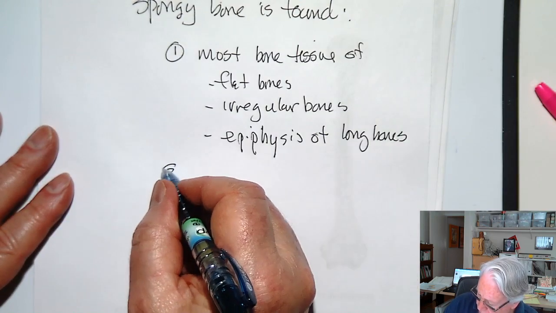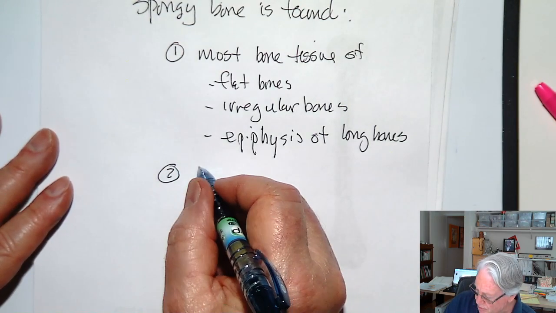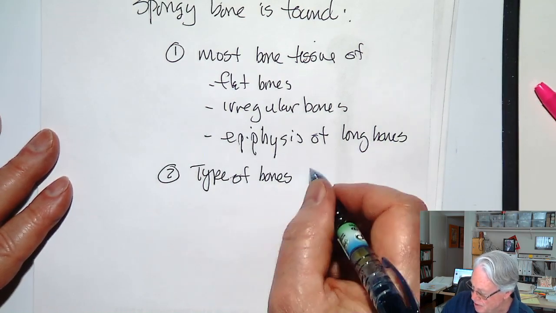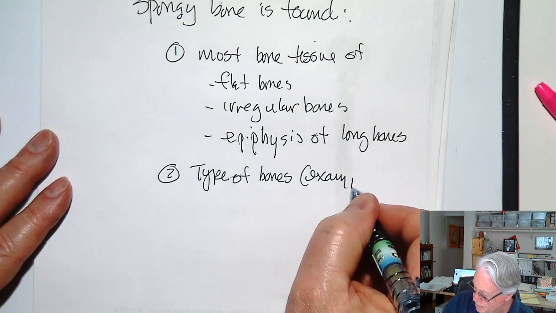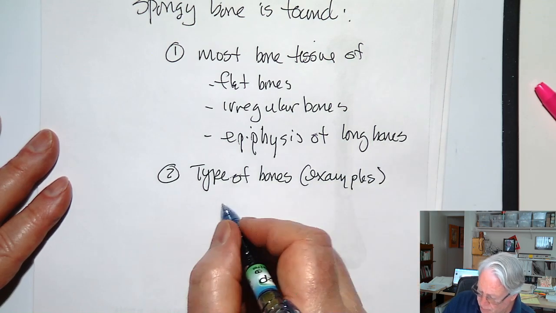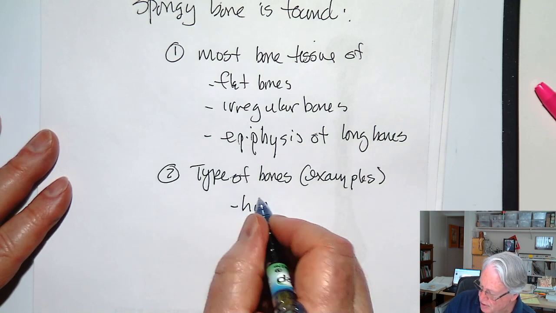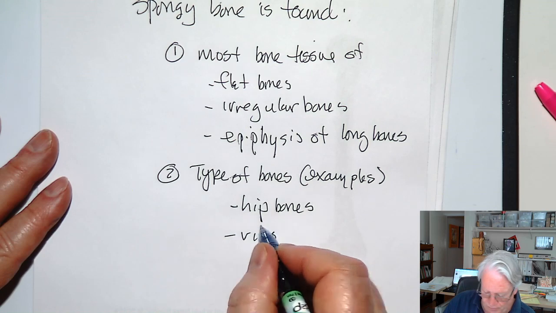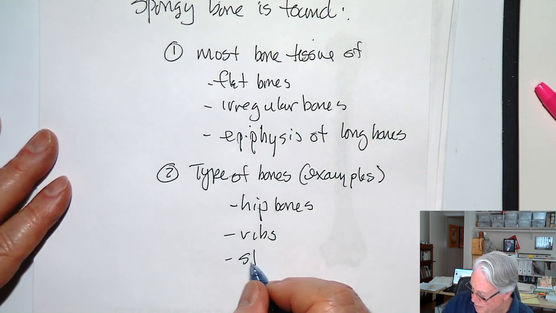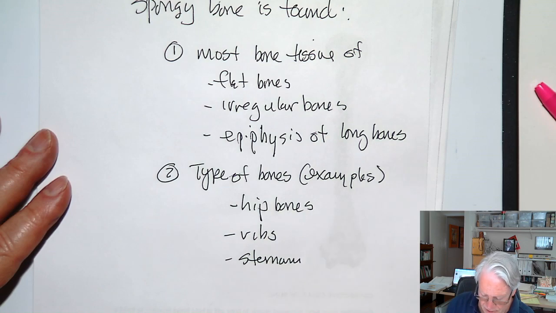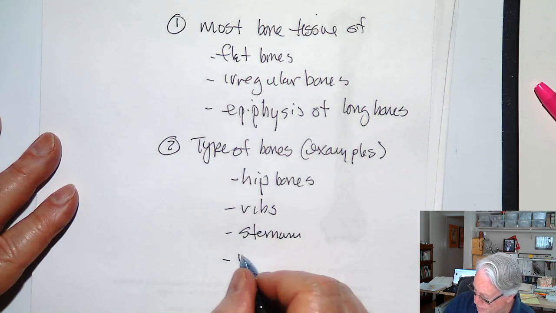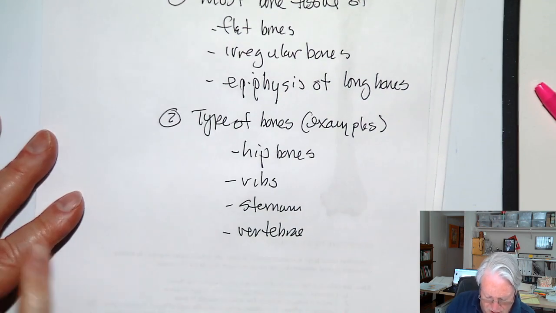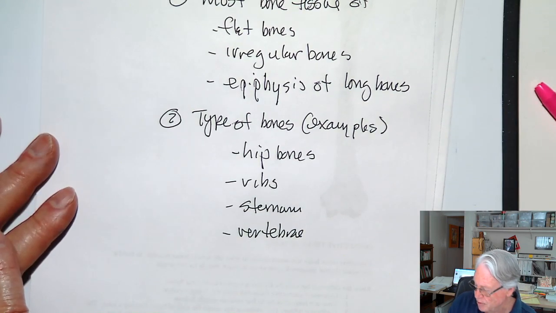And I should have probably said examples is better. Examples would be hip bones, ribs, sternum, vertebrae, and the end of long bones, of course. All right.